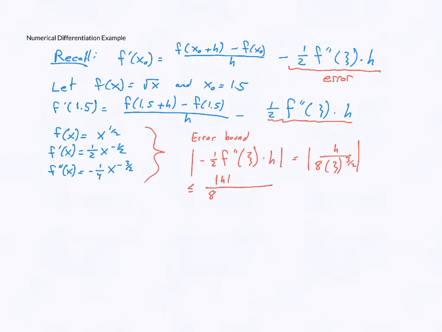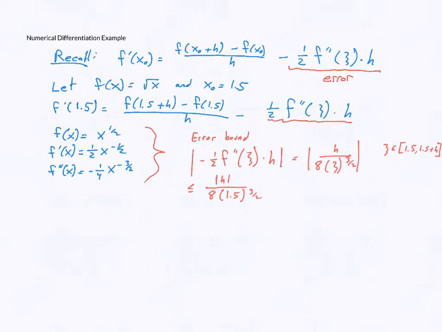psi to the 3/2. Now notice, if psi goes from 1.5 to 1.5 plus h, that's a decreasing function, so the maximum is just at 1.5.